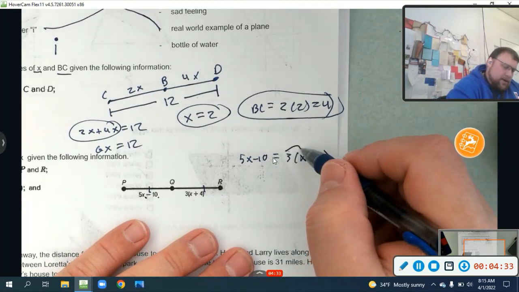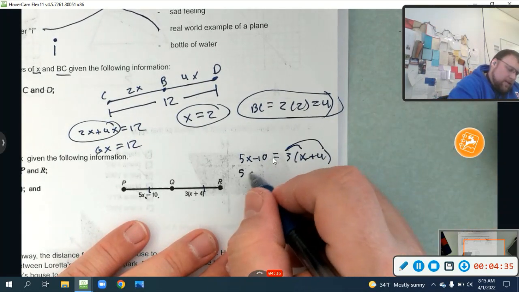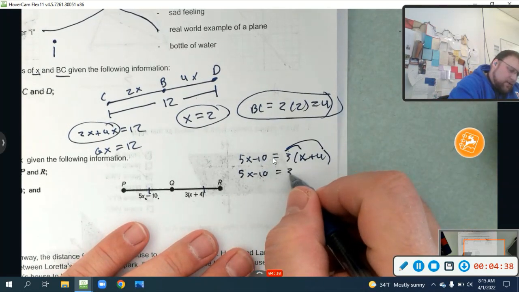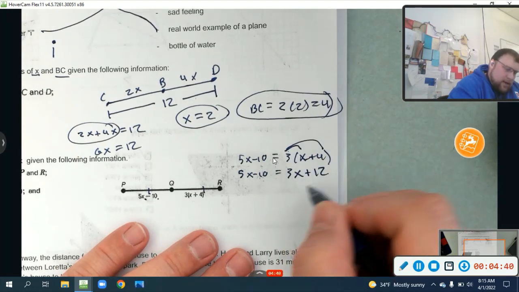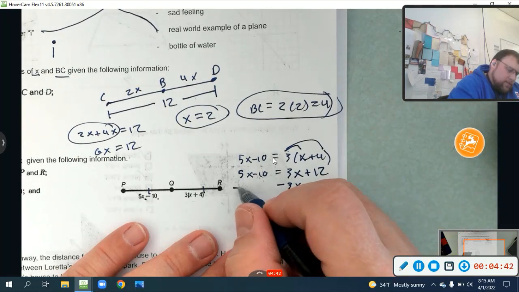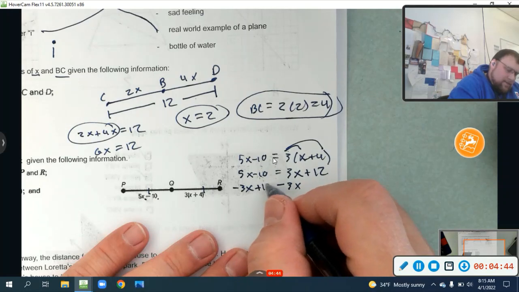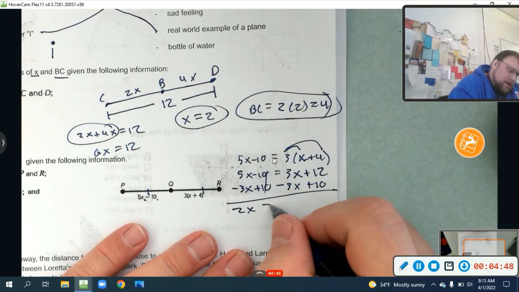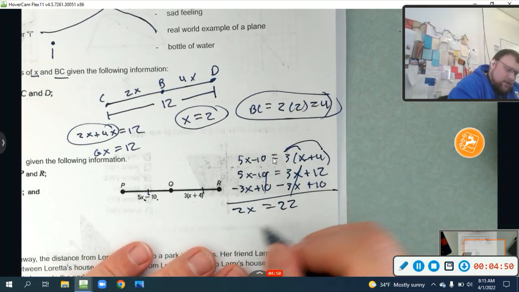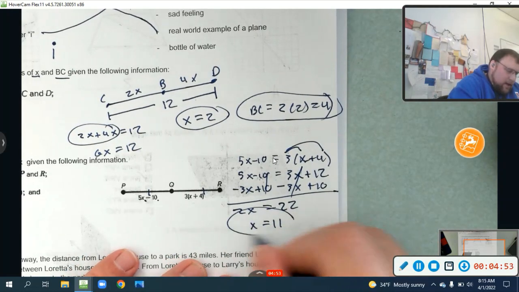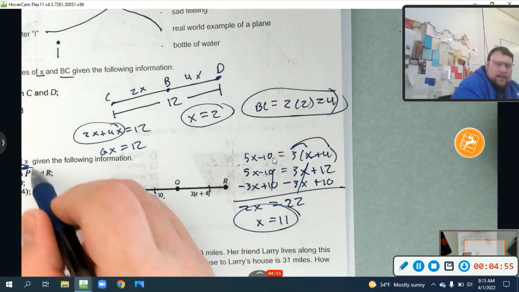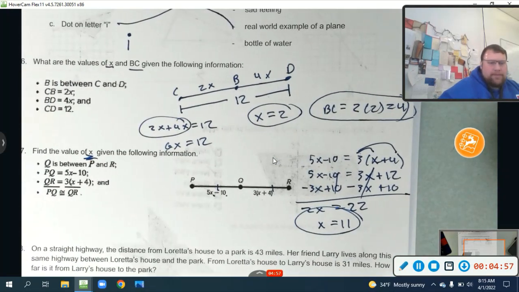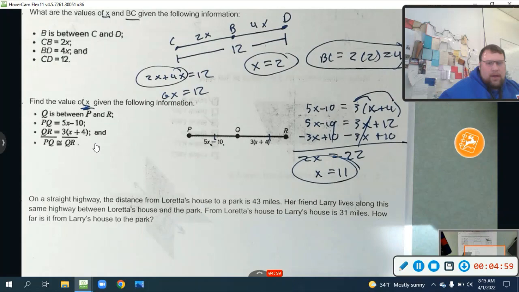Distribute. 5x minus 10 equals 3x plus 12. So I'll subtract the 3x over and add the 10. 2x equals 22, or x equals 11. And this one just said to find x, so this was actually an easier problem, right? Okay, let's move on up.